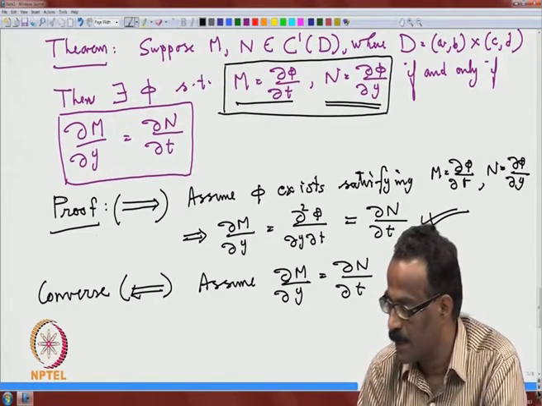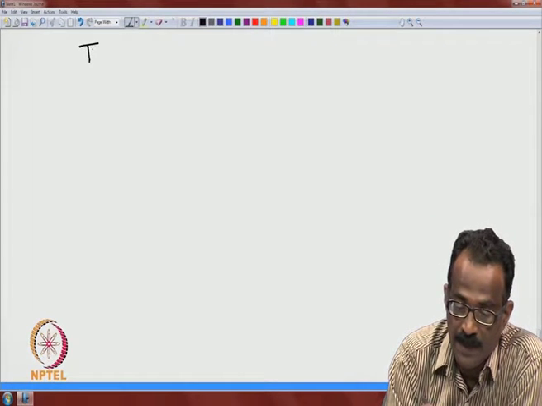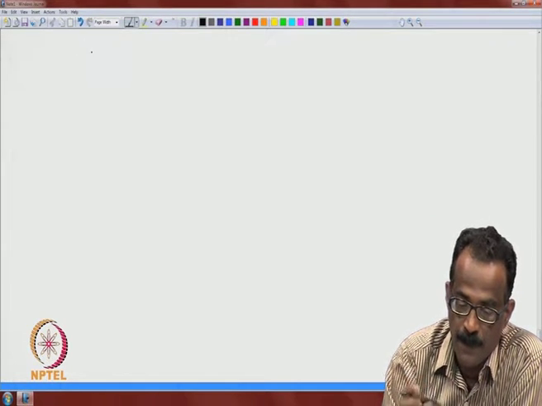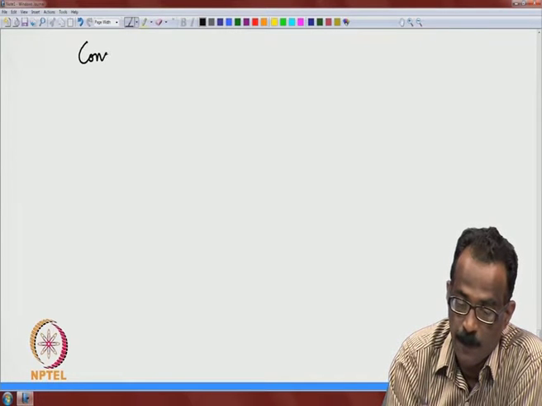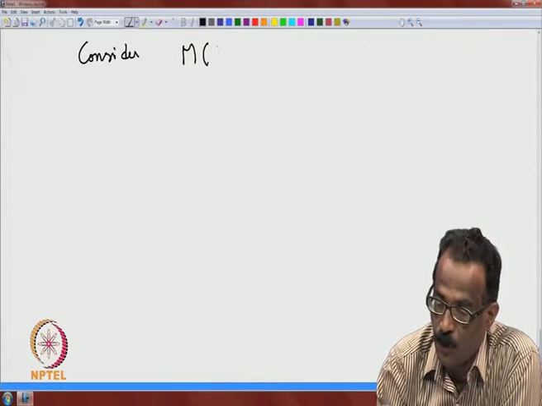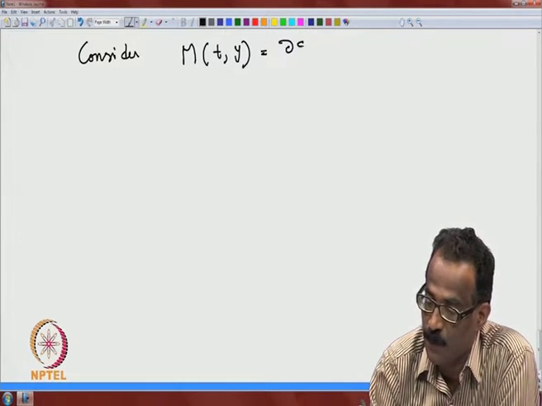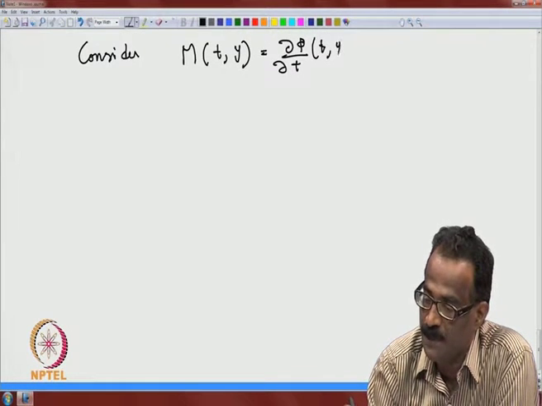So, look at constraint 1. Consider this equation. We want to know, does there exist phi such that m equals dφ/dt? You want to prove this one.